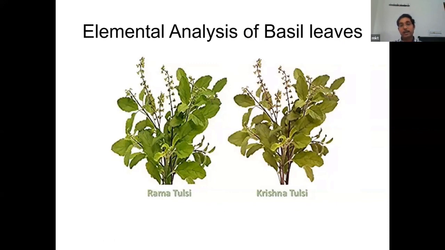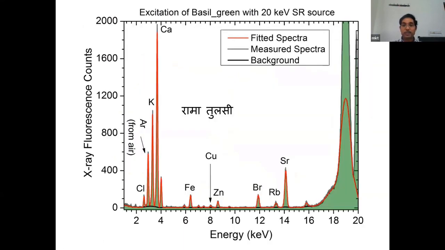The idea was to see what the different compositions are, because there are two types of basil that we normally have in India, the Rama Tulsi and Krishna Tulsi. Krishna Tulsi is slightly black in color, and Rama Tulsi is slightly greenish. So the idea was to see whether there is any difference in elemental composition. This is the typical spectrum.